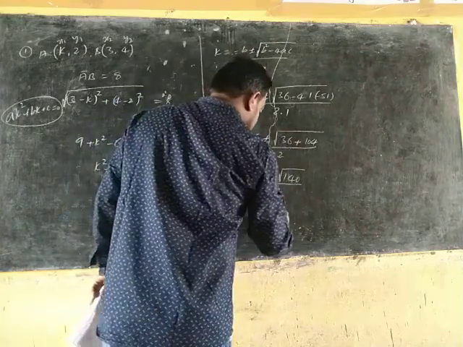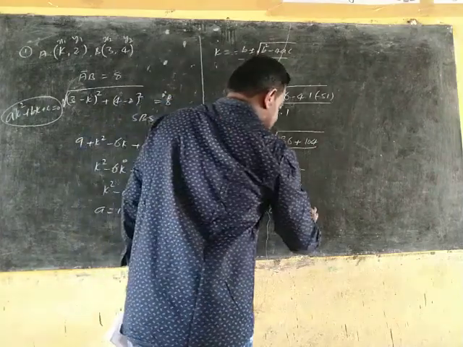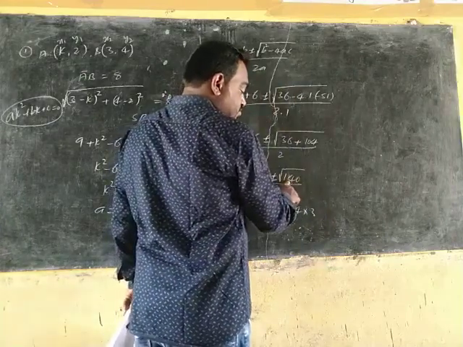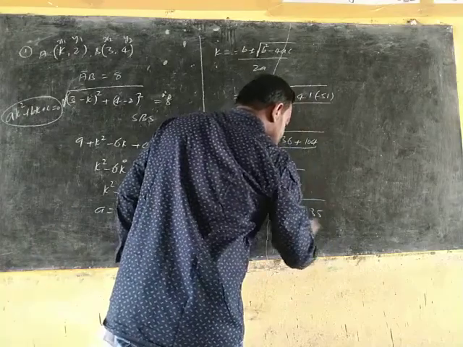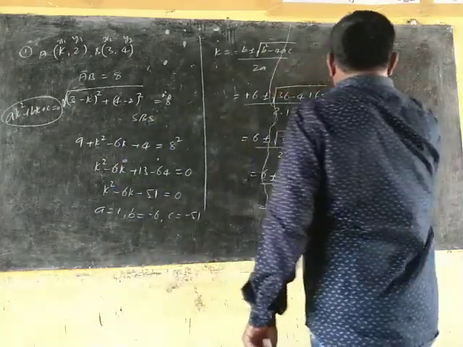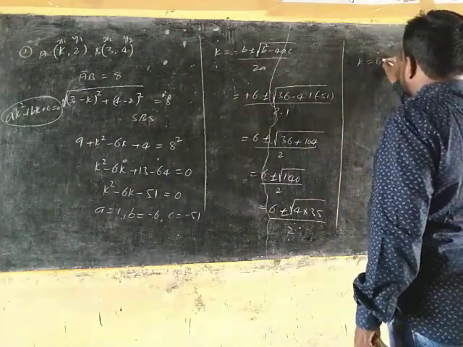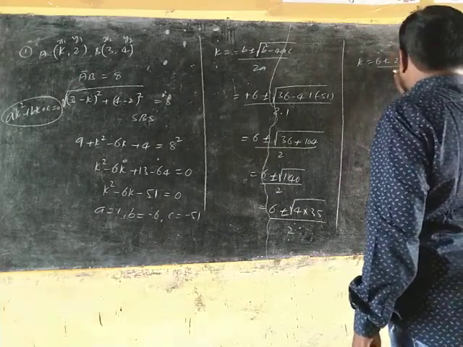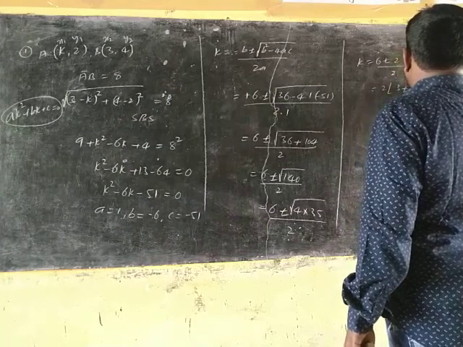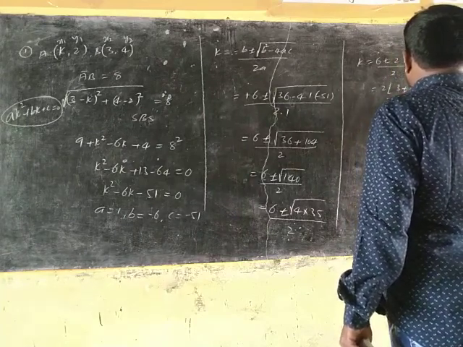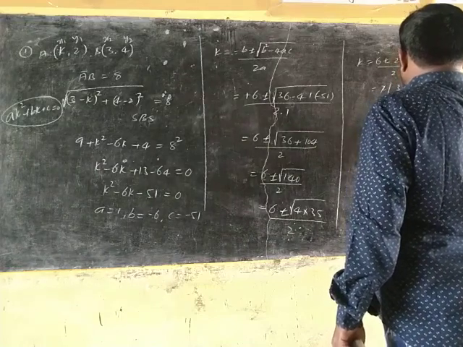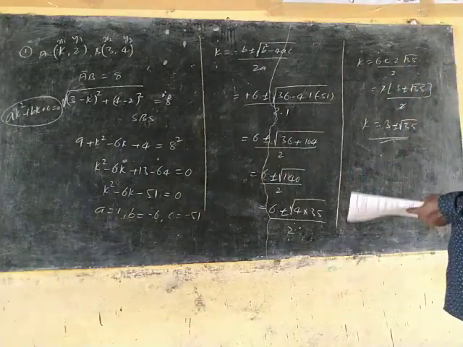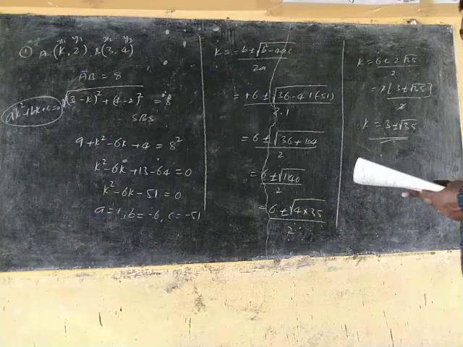Factoring, 4 into 35 gives k equal to 6 plus or minus 2 root 35 by 2. 2 is common, and cancelling gives k equal to 3 plus or minus square root of 35, our correct answer.